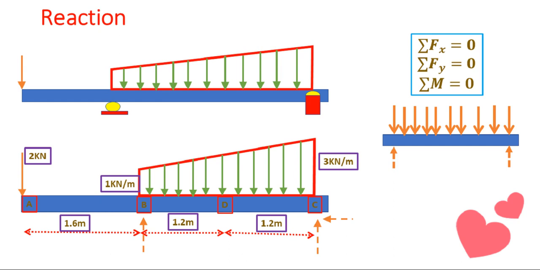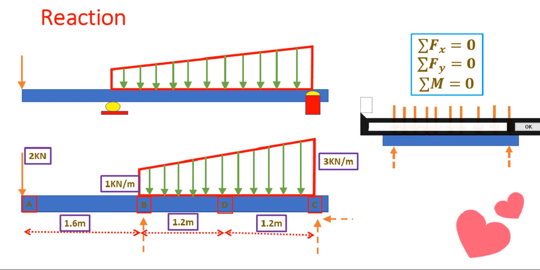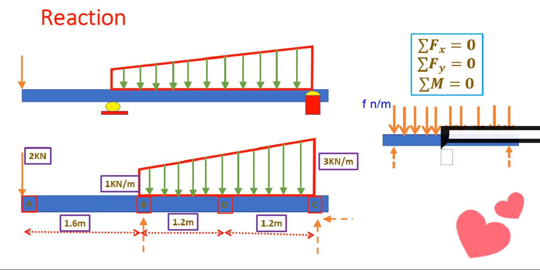So now if its intensity is F Newton per meter, and the length of the loading is L, right? What is the total force acting on this beam? It is F into L, right?